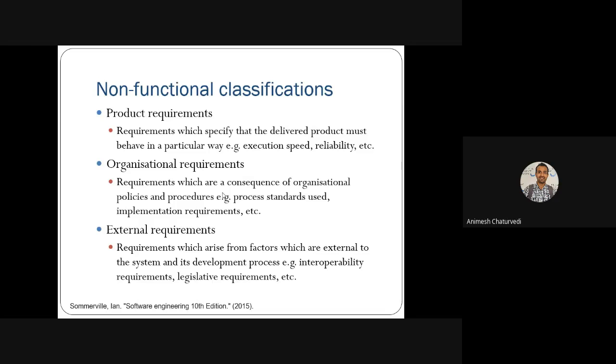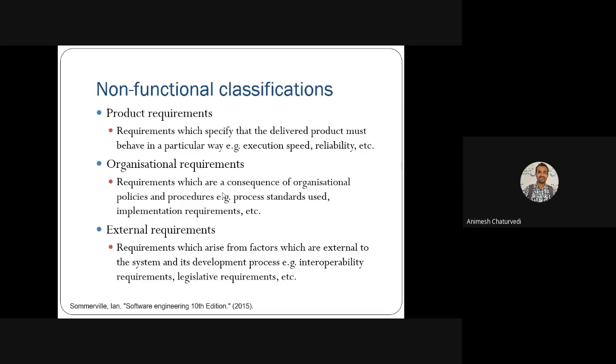Then organizational requirement: different organizations have different policies, different ways of proceeding towards a process, and different standards. So all these organizational requirements should also be mentioned under the non-functional requirements, and these will help you implement a better system.